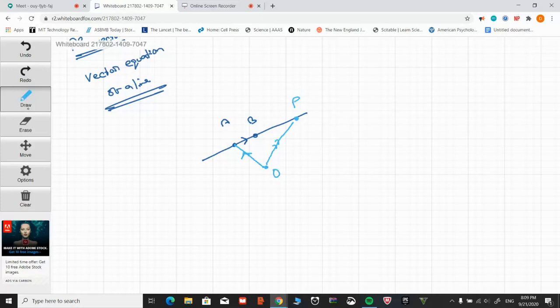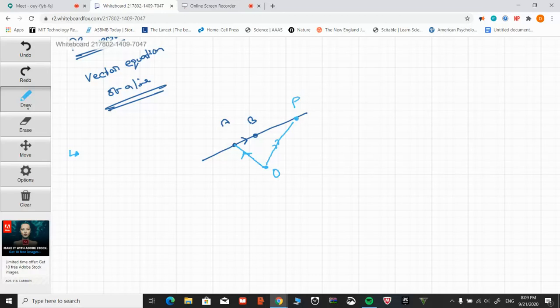So what exactly is a vector equation? And what is the vector equation trying to give us? Well, the vector equation gives us a way to figure out the position vector of any unknown point on a particular line.